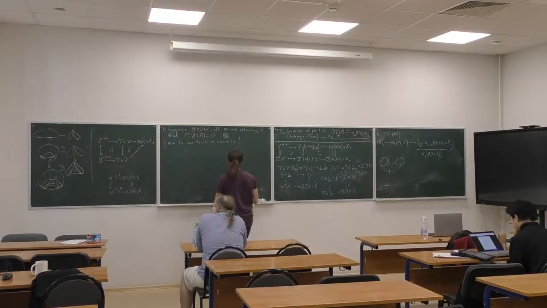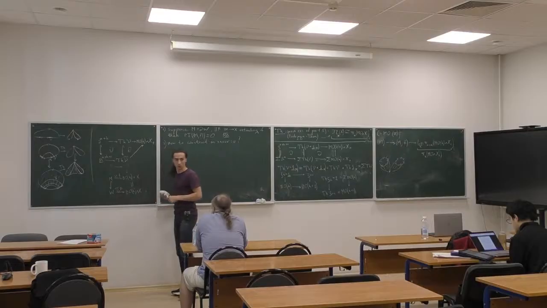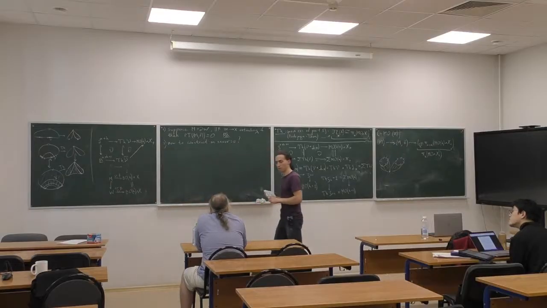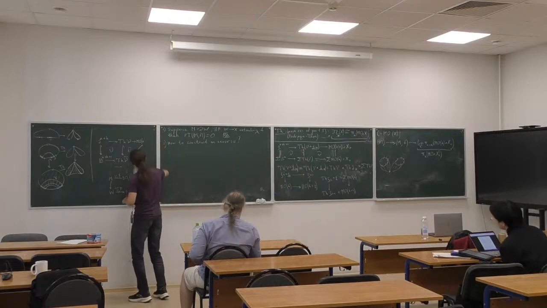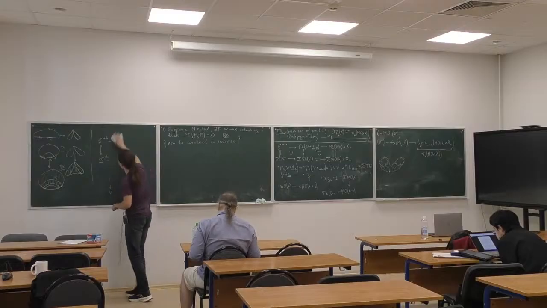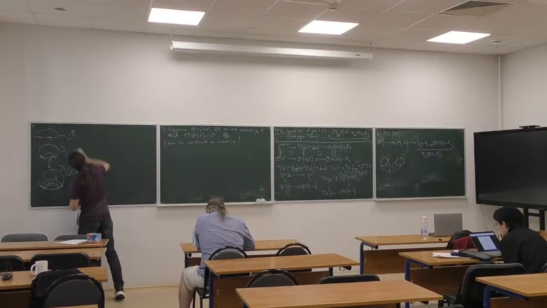This is the last thing that we have to prove here. Why? Then we would also need to check that both compositions are the identity. So I include that into this construction.